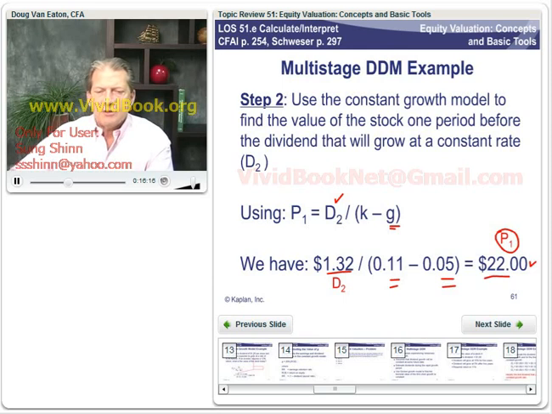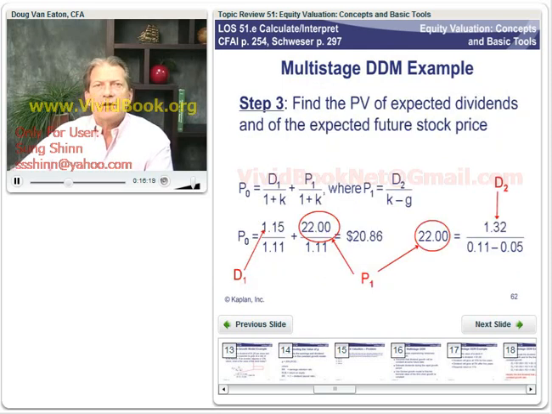Well, once we do that, we just need to take D1. Remember, we started at $1 and had a 15% growth rate initially. So we'll take the present value of that dividend that comes at time 1, D1, and then immediately after that, assume we can sell these shares for their constant growth value based on D2.